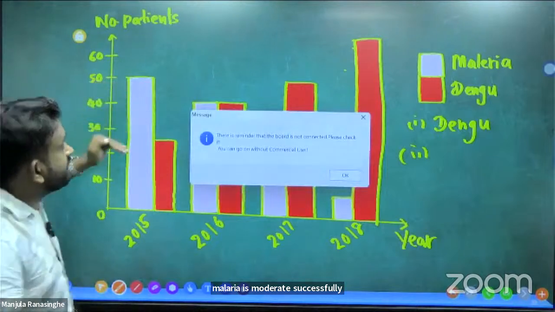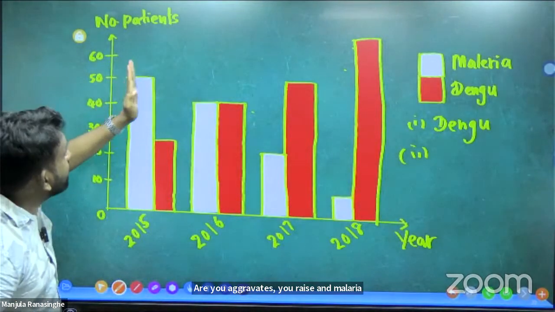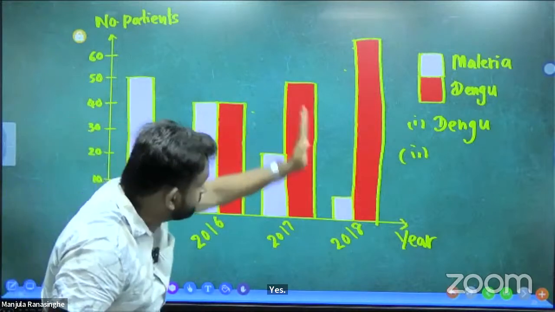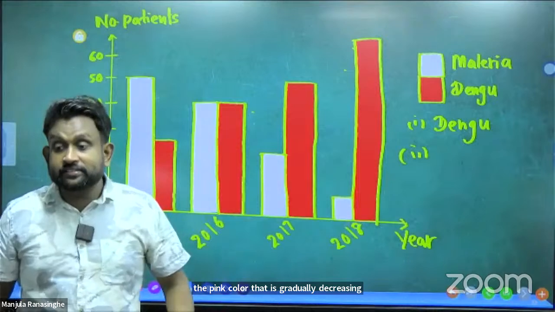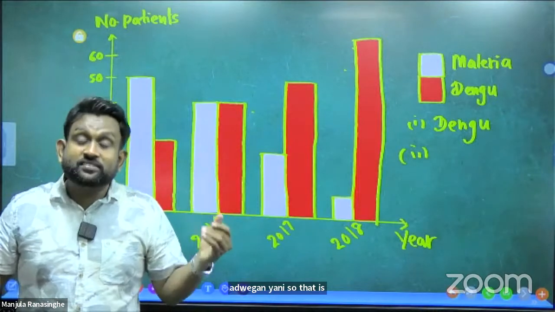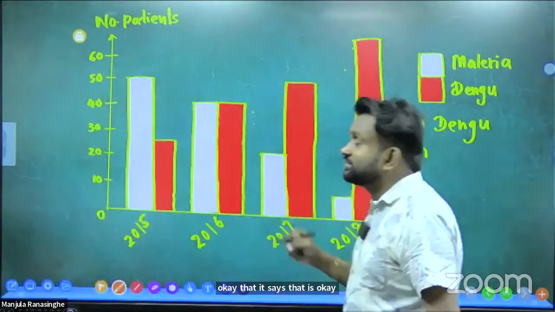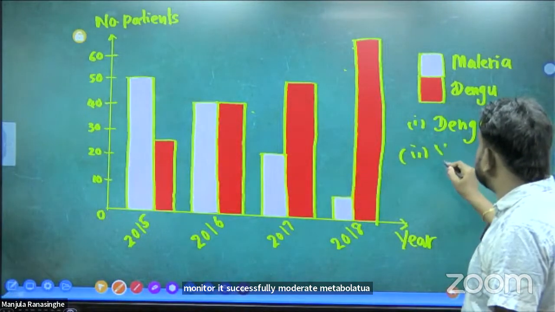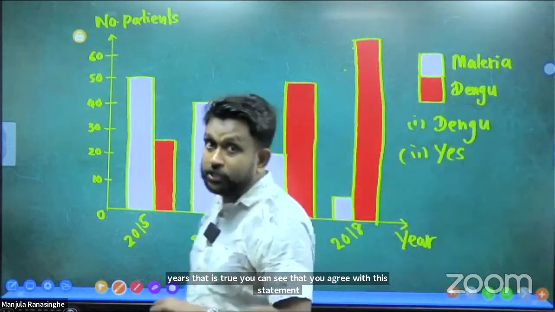Malaria, the pink color, is gradually decreasing, so that is moderately successful. You can agree with this statement, as the patients are decreasing.